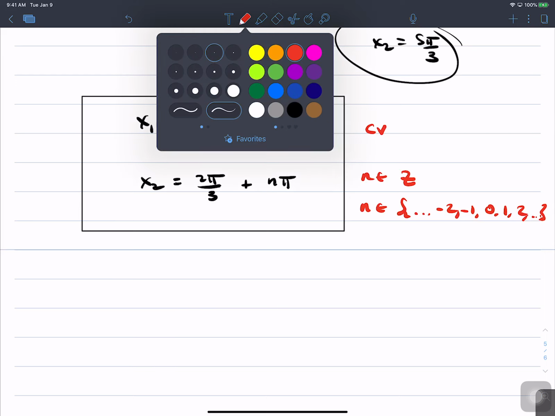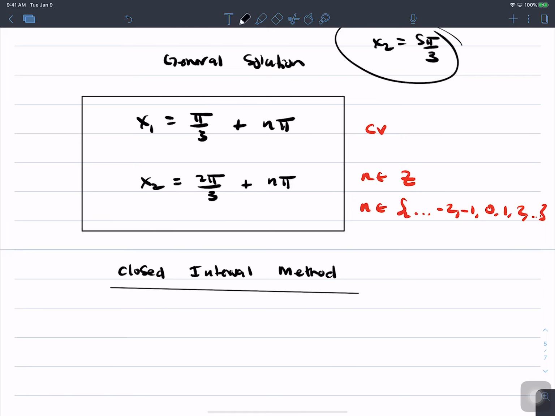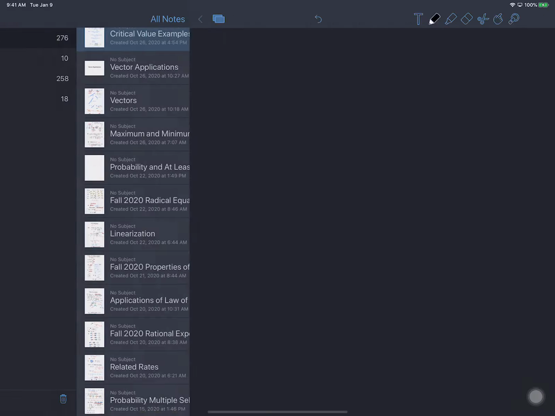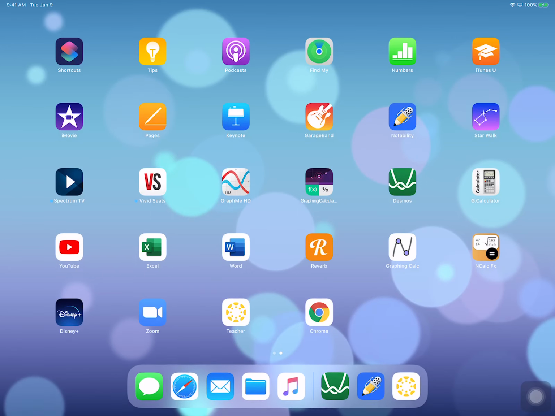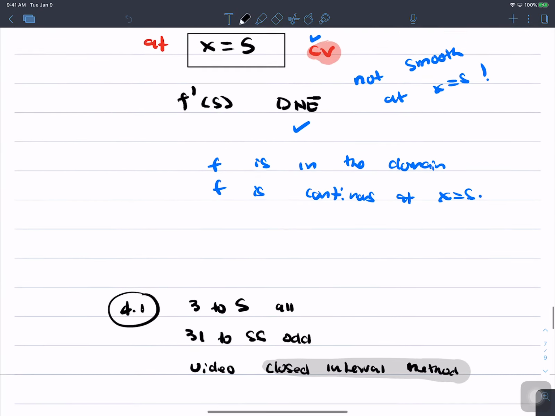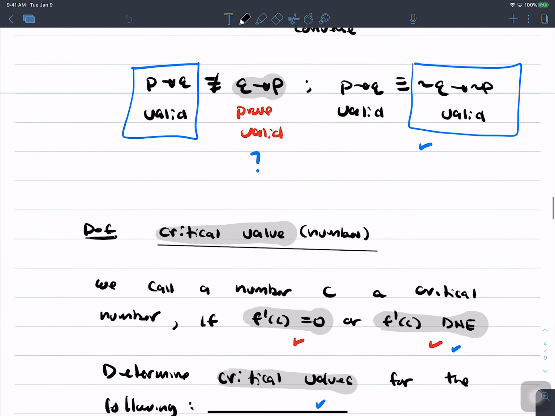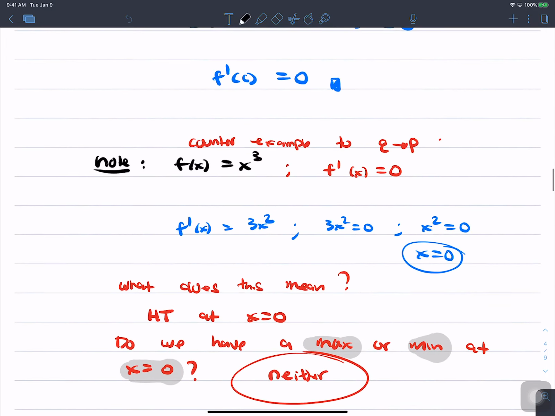So that brings us to a theorem that I wanted to get to today. The closed interval method. And this comes back to this theorem that we gave and talked about earlier. We want to be continuous over closed, bounded.